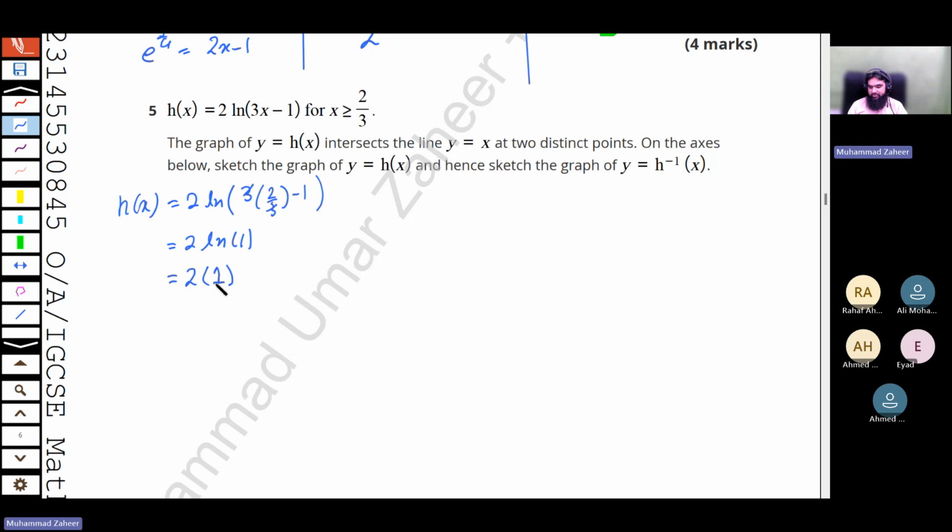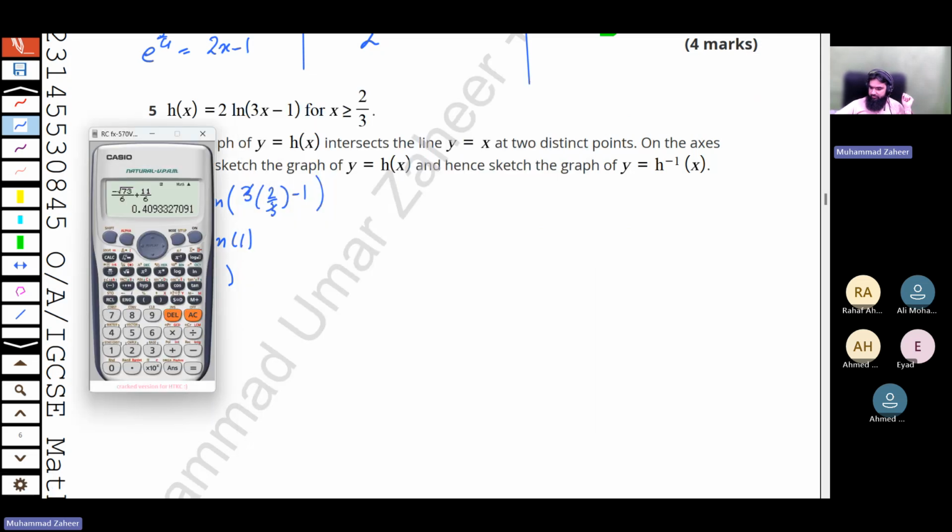What is the value of natural log of 1? Zero. Yes, that's what it's supposed to be.